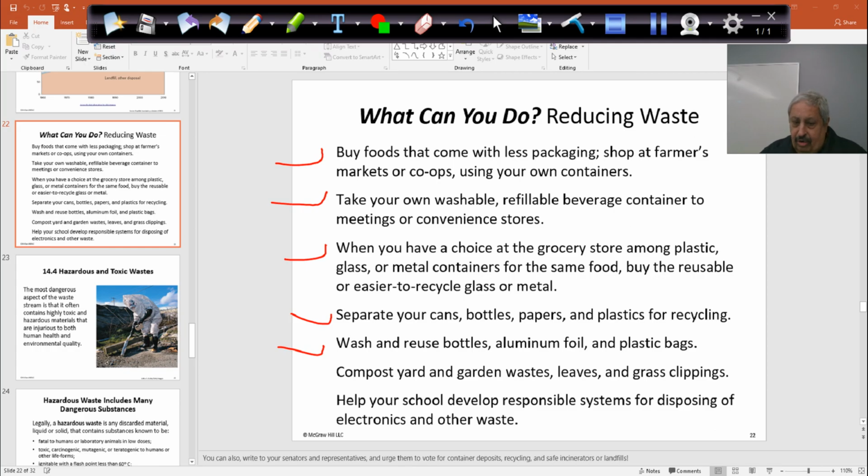Compost yard and garden waste, leaves and grass clippings. Most of those leaves are eaten by natural bacteria. If you keep the leaves for a couple of months they will disappear, because the bacteria feed on them, and then the cold weather and rain take care of them.